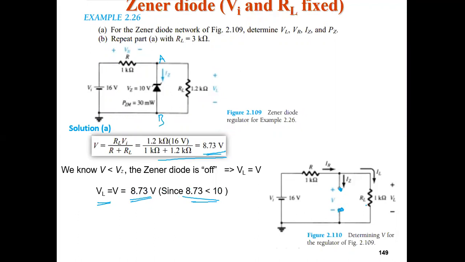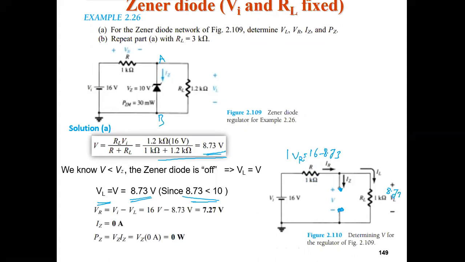So I got VL equal to 8.73. Obviously the voltage across the resistor R will be 16 minus 8.73. This 16 minus 8.73 is the voltage across this resistor R.